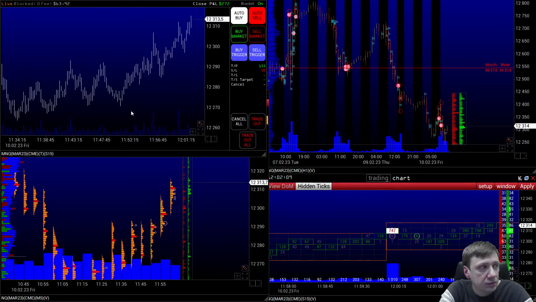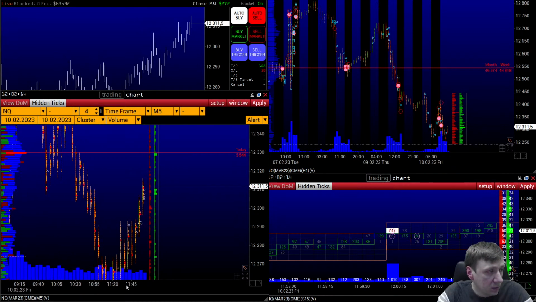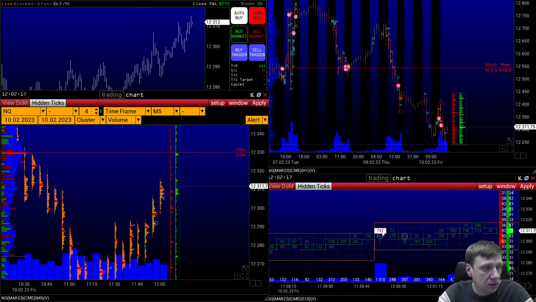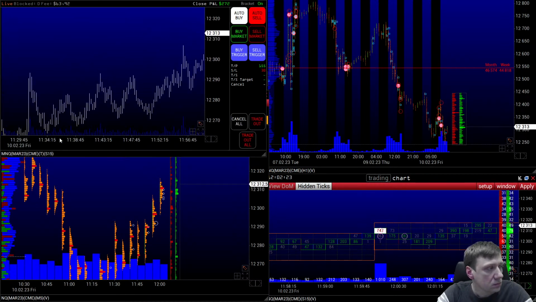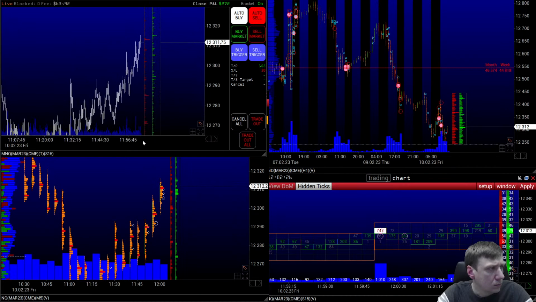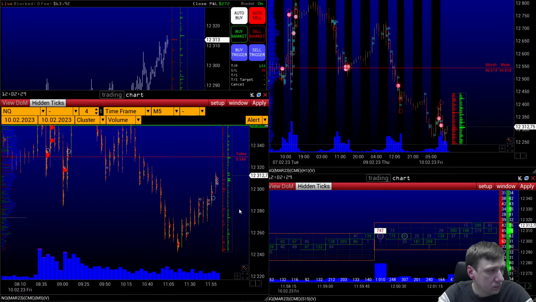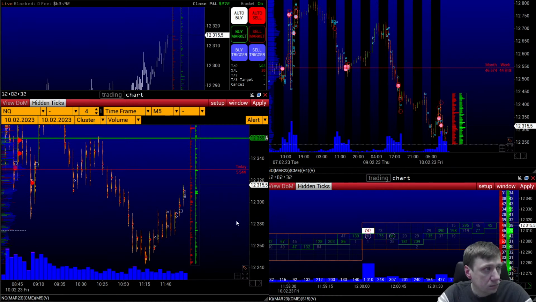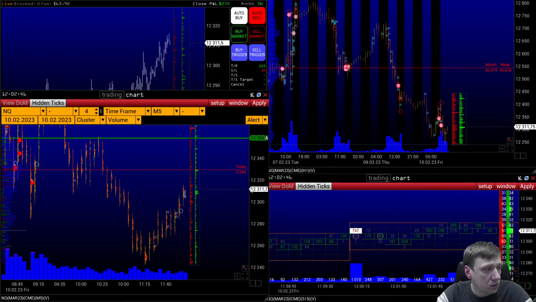We need more parameters, like a proper level and proper timing, and here we have only big volume. That's not enough. And we have only a limited level, a sell zone we can call it, where we can open a trade. So if price goes higher, we skip this trade.